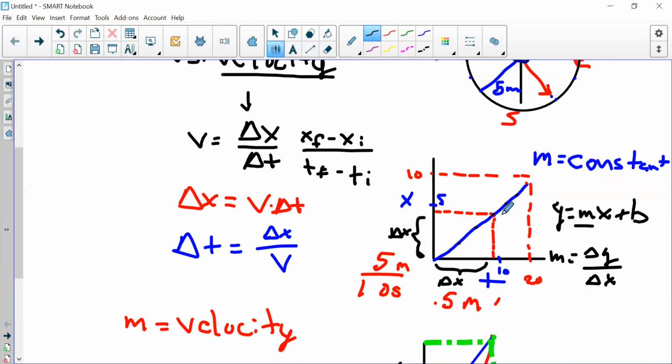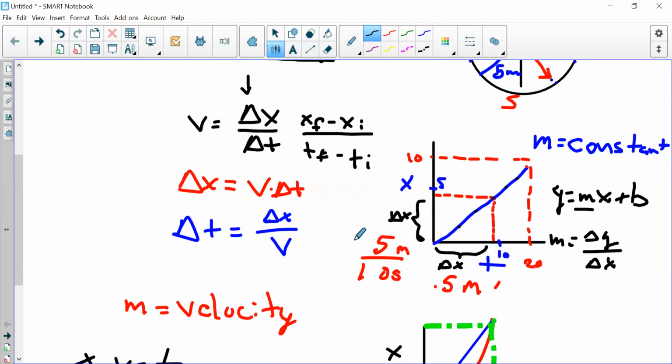So if we look at our first interval of 5 meters in 10 seconds, that's going to give us 5 meters per 10 seconds. You divide that out, you get 0.5, and I think the per second's got erased here, 0.5 meters per second. And then if we did the same thing for 10 meters in 20 seconds, which would be the projection of this line to right there, we would find the same ratio.